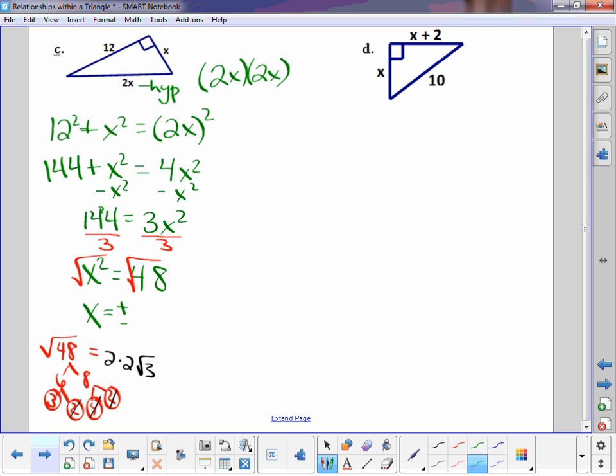Did we get 4 root 3? Yes. Good. And again, we're going to take only the positive value. Alright, questions on that? Okay.